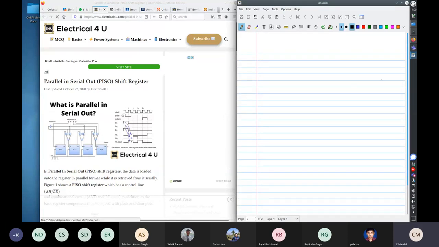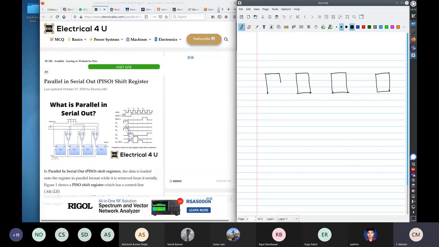So let us again draw a simple shift register with just 4 registers. So you have got 4 D flip-flops.